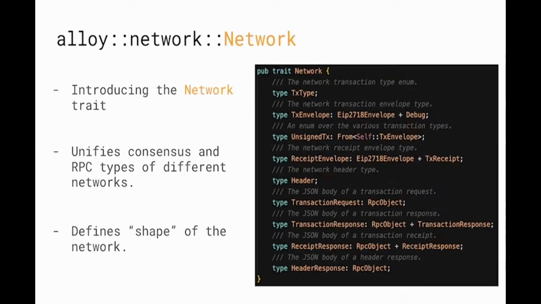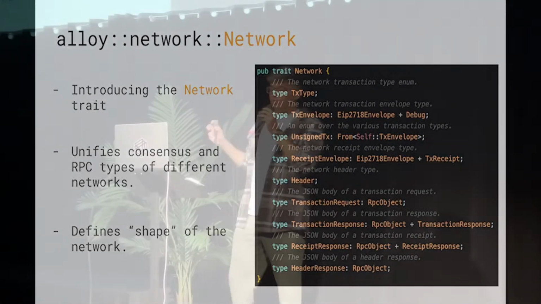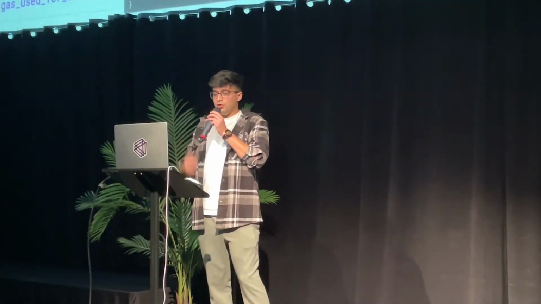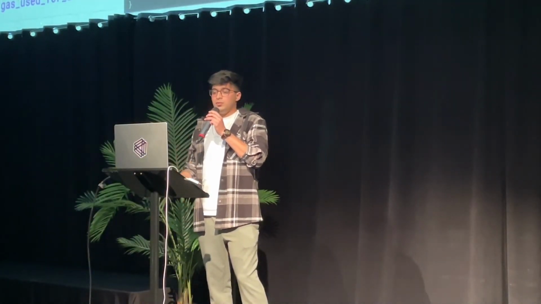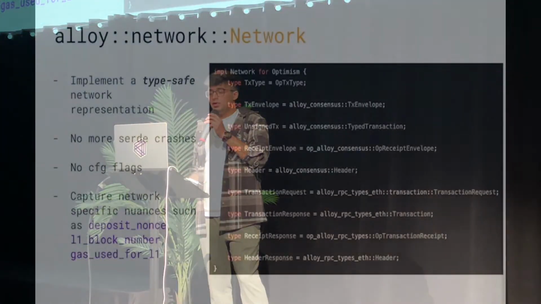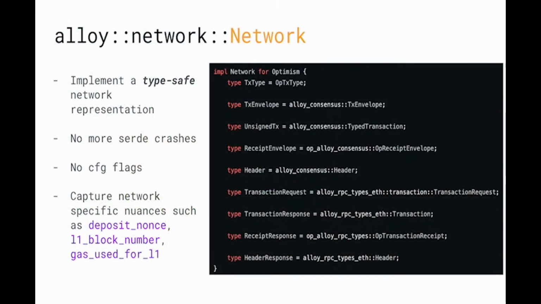And we did something. It's called the Alloy network trait, which unifies the consensus and the RPC types of different networks, making the Alloy library ready for a multi-chain, multi-rollup world. The network trait defines the shape of the network, so it lets you implement a type-safe network representation. For example, this is the network representation for Optimism.